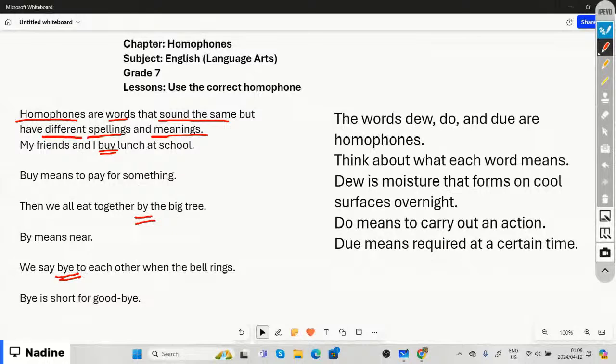Bye is short for goodbye, but most of us just say bye. And then we have a few more examples.